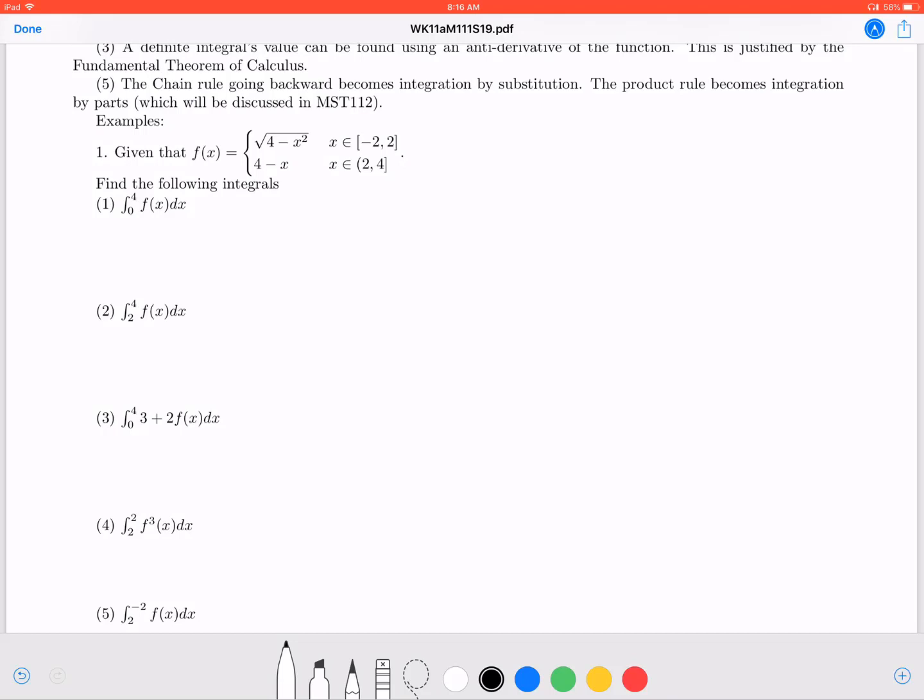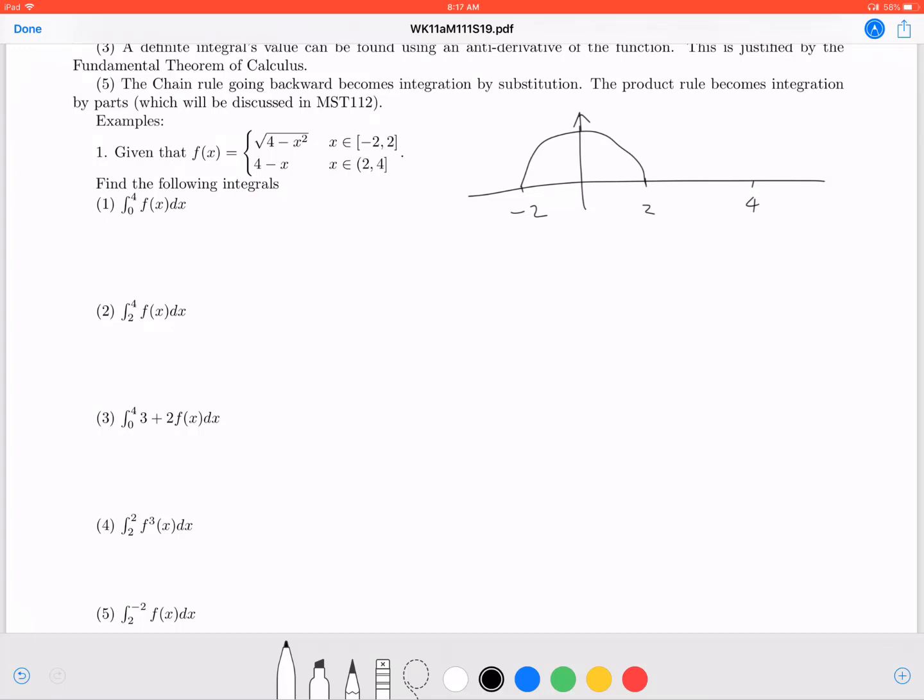Okay, the function f of x is given over here, so you can actually just roughly sketch the diagram. Between -2 and 2, we have square root of 4 minus x squared, which is just a semicircle. And between 2 and 4, we have the function 4 minus x.